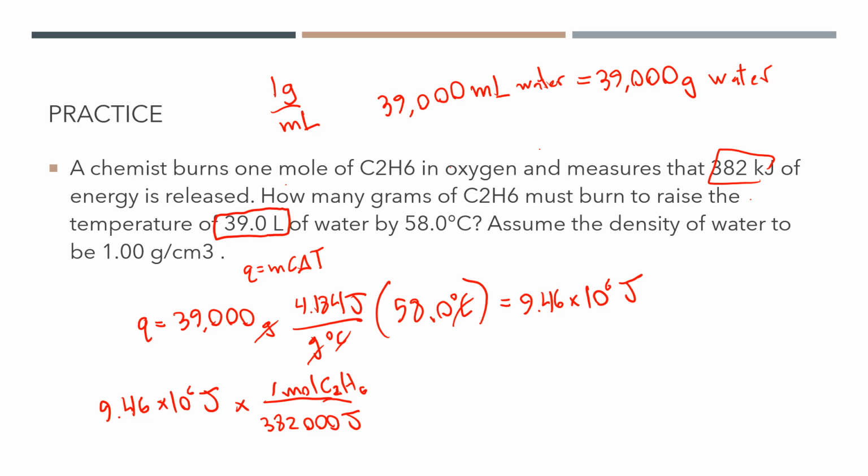And then after we get to moles, we want to go to grams. So let's times that by the molar mass, which is 30.070 grams divided by 1 mole of C2H6. That will give us 744 grams of C2H6 that we need.